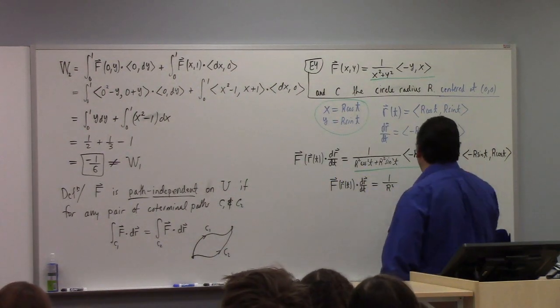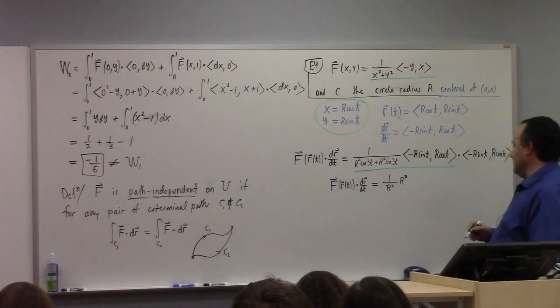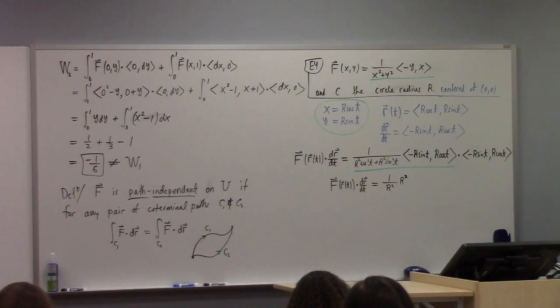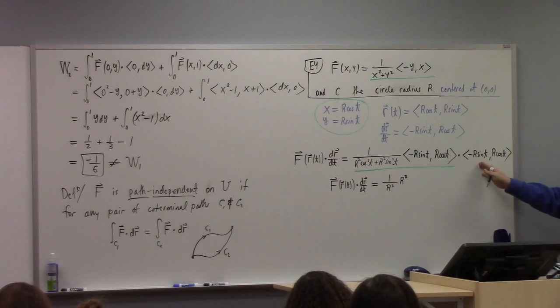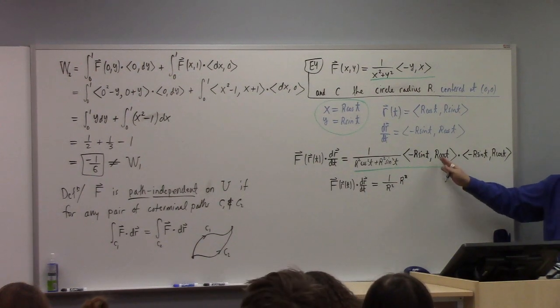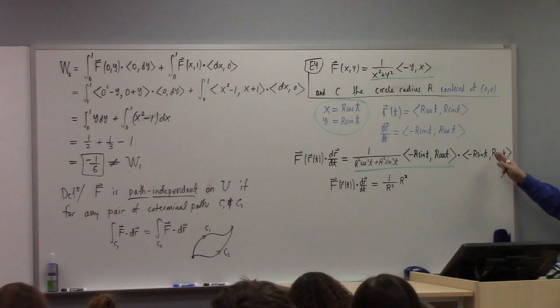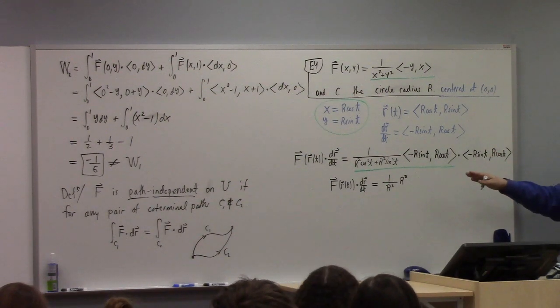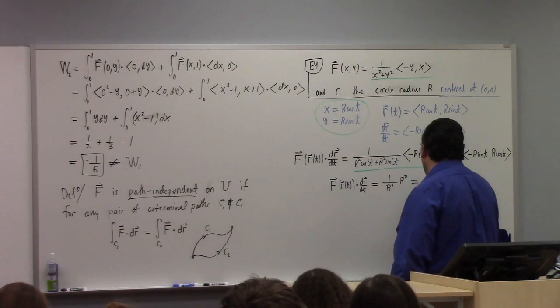And there's an r squared from all this, right? And sine squared plus cosine squared. The r squareds, they be canceling. So this is just equal to 1.